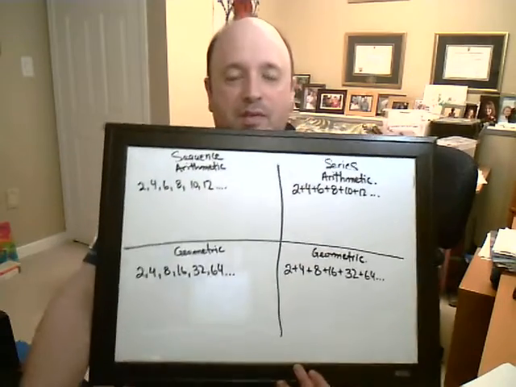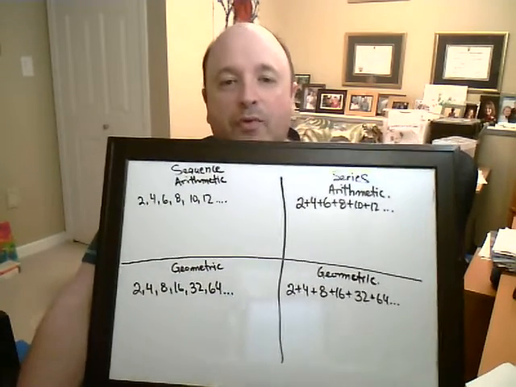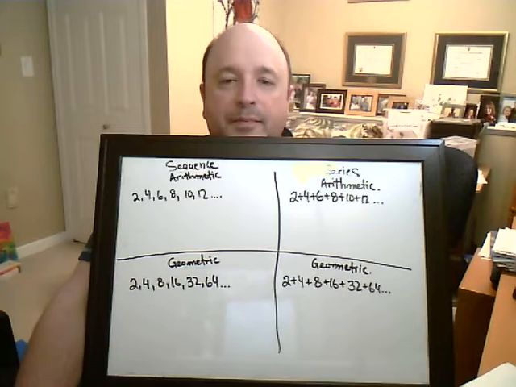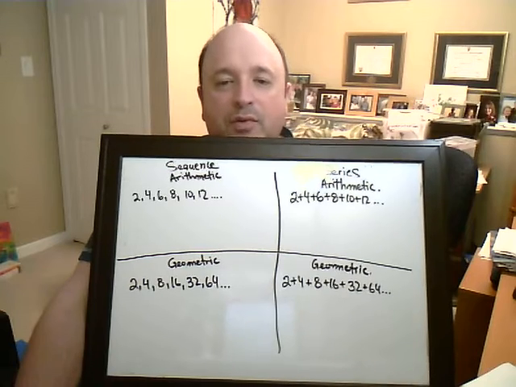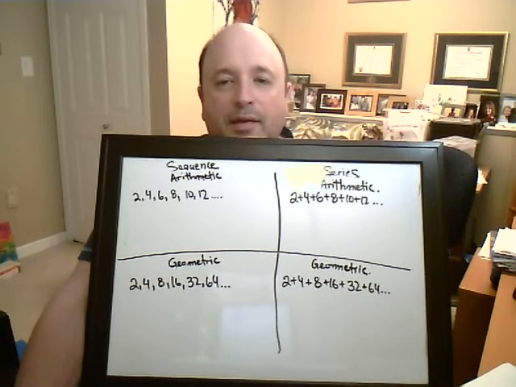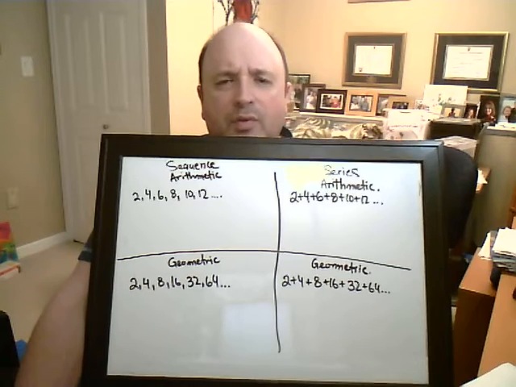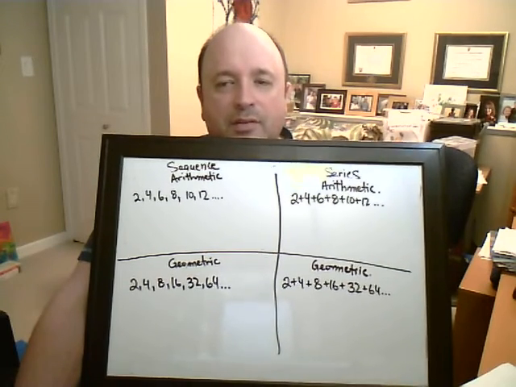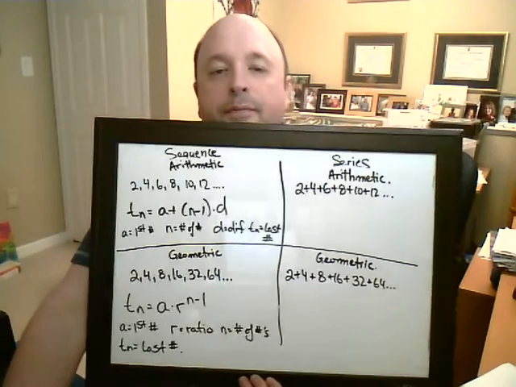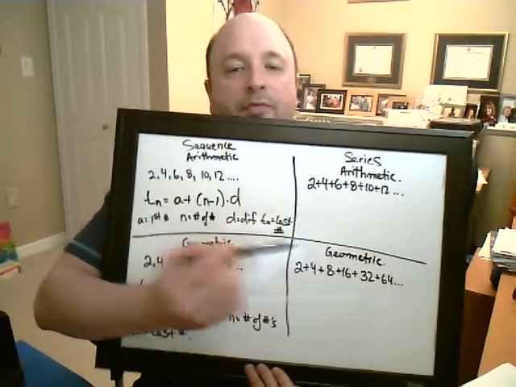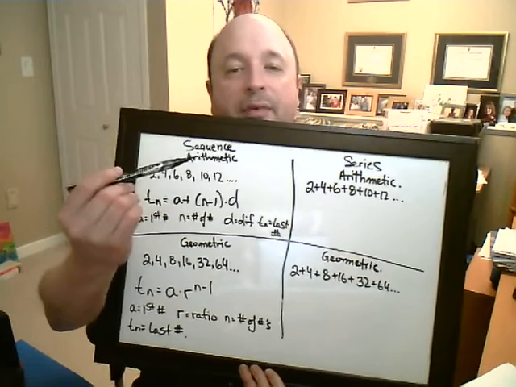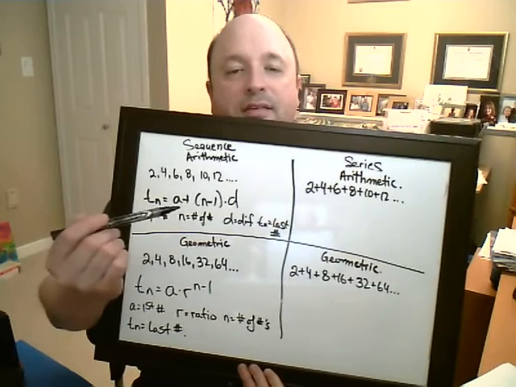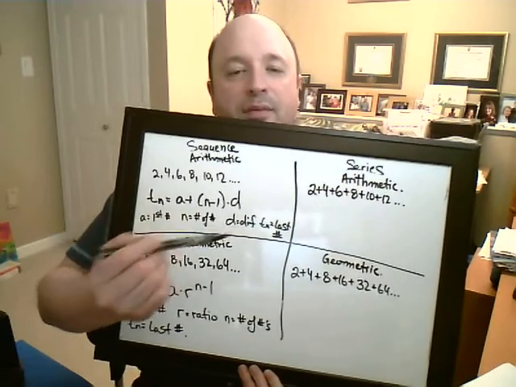And there's a bunch of formulas, and really this booklet is quite formula heavy. So I'm going to write out the formulas for these, and we'll go over the use of some of them. And that'll help you get started in your booklet to help understand what these things are doing and what we're talking about. Okay, so the first formula for an arithmetic sequence is Tn is equal to a plus n minus 1 times d.